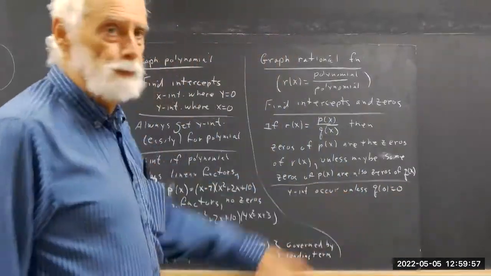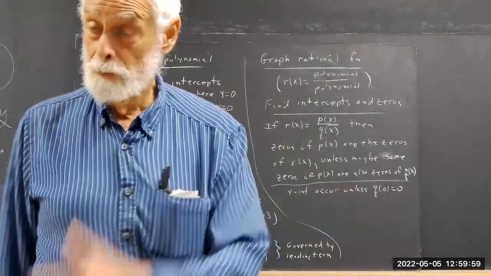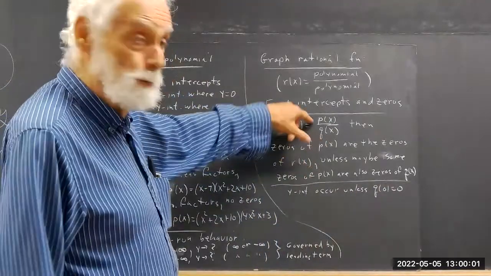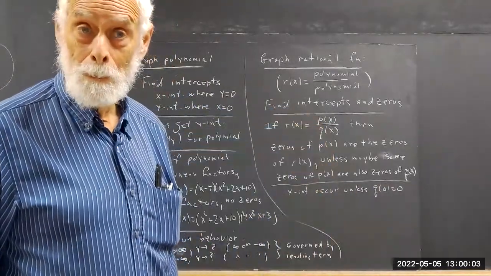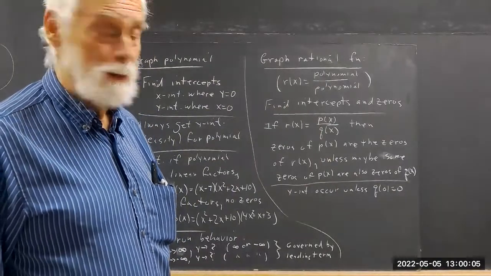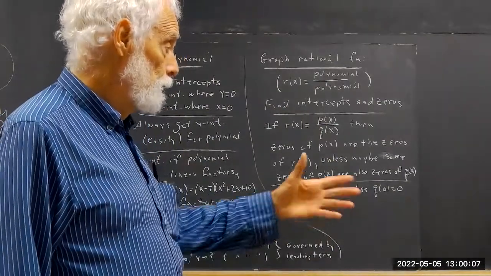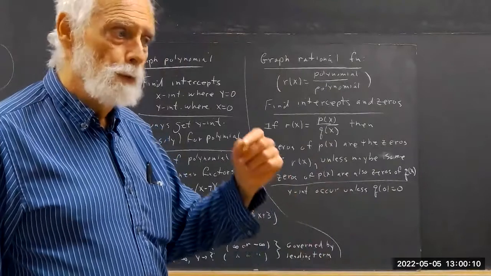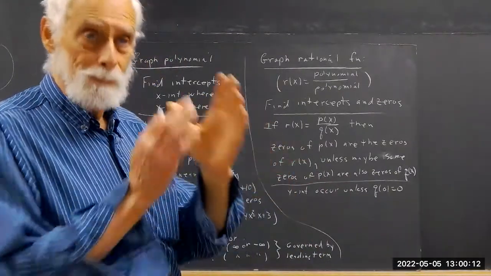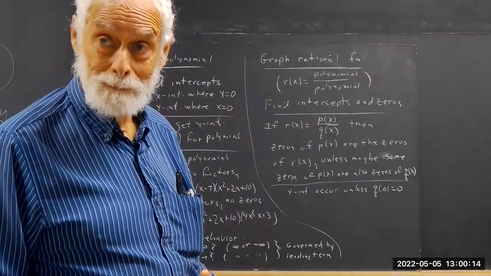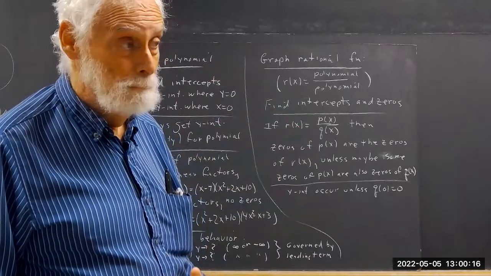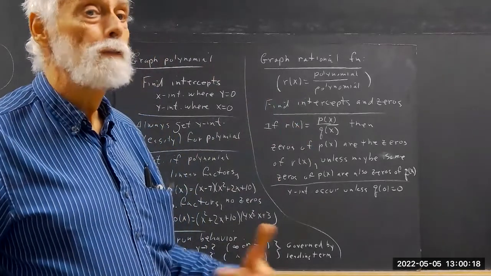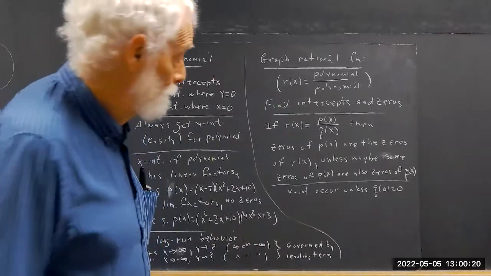If Q of 0 equals 0, the function is undefined when x equals 0 because division by 0 is undefined. And then you either have a vertical asymptote when x equals 0, or you just have an undefined point when x equals 0.